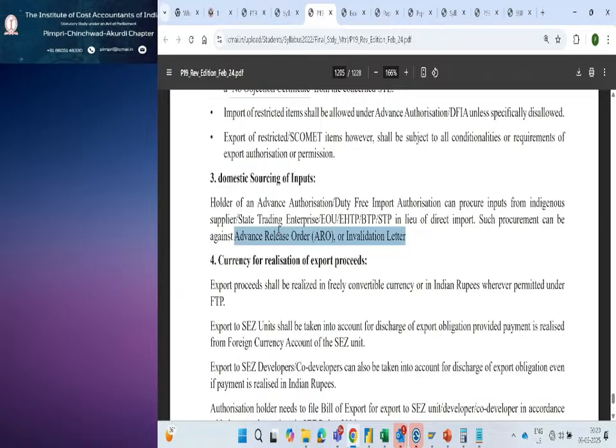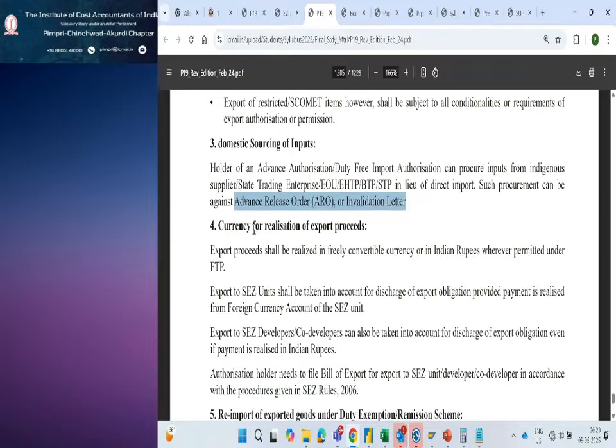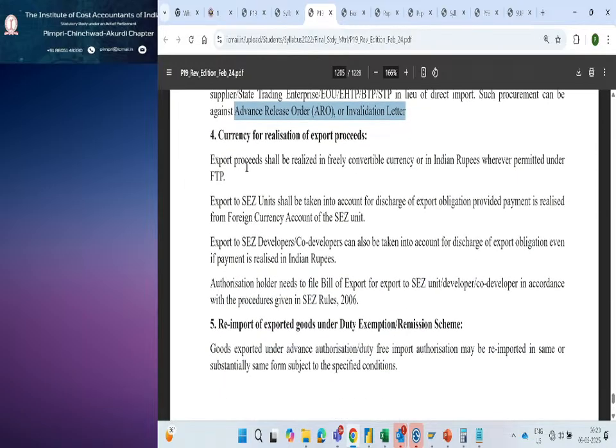So it is not necessary that because I have applied for an advance authorization license, I should do the direct import. I can reach out to the domestic supplier or the deemed exporter, that is, some other EOU units, and purchase the inputs, that is raw materials, from them.